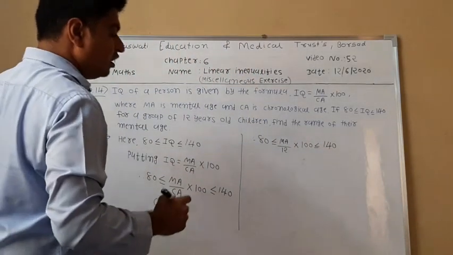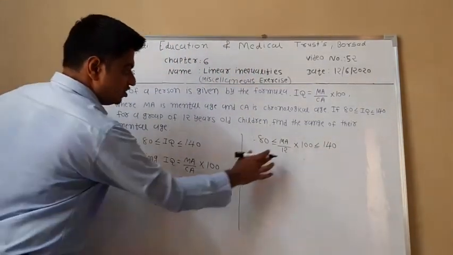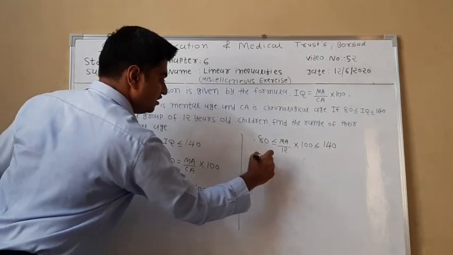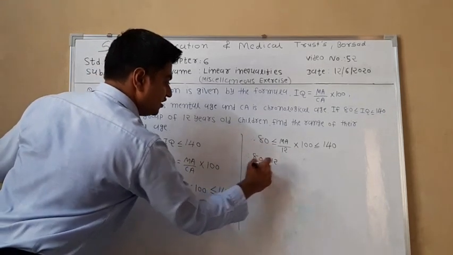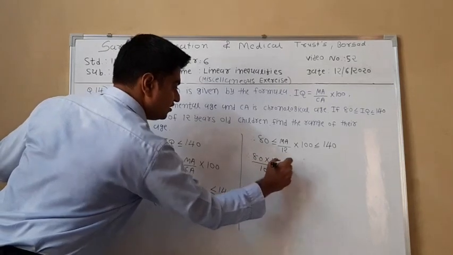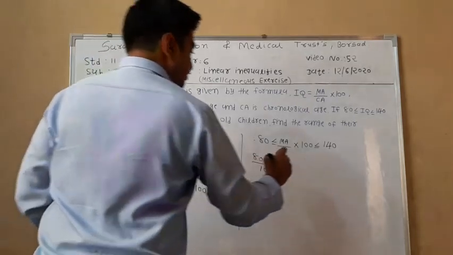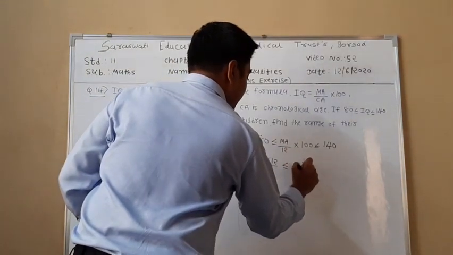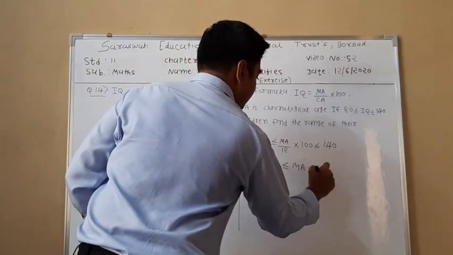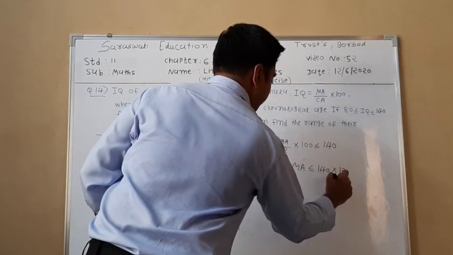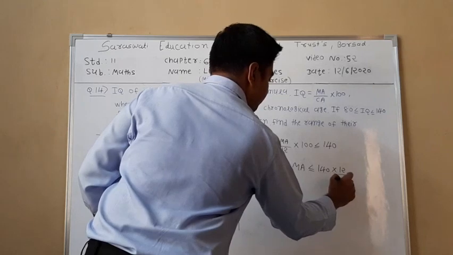Now how can we simplify this term? So 12 divided by 100 multiply on both sides. So 80 multiply 12 divided by 100 less than equal to MA, the same term multiplied on the opposite side, less than equal to 140 multiply 12 upon 100.